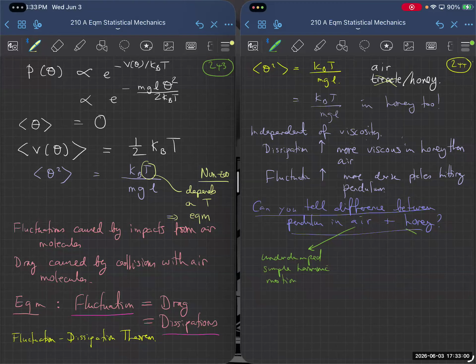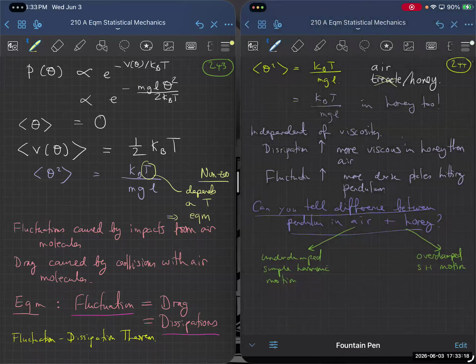And the honey one is overdamped simple harmonic motion. And so what I would do is I would take the power spectrum.